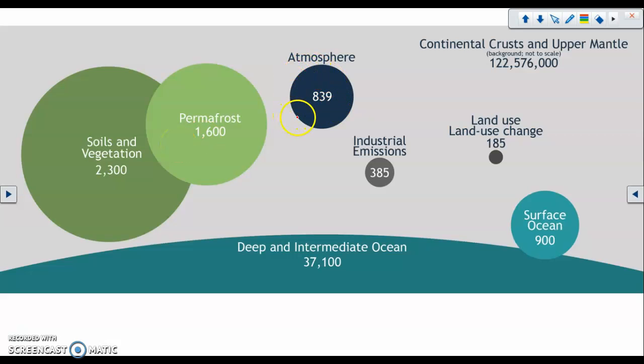And so a very important thing is that there's a goal for climate change, for us to stay below 2 degrees, and that is around 1,100 to 1,500 gigatons that can be emitted into the atmosphere. So this is fixed, 839. Right now, if you add these two together, it's 385 and 185.